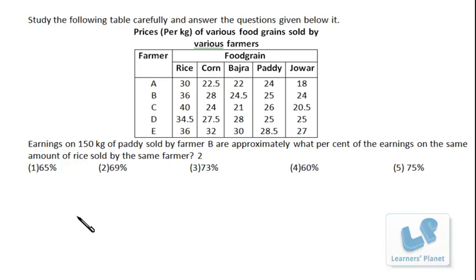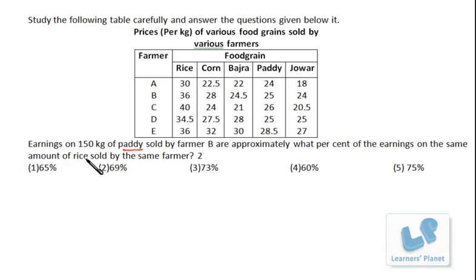Now let's see once again a very simple question. Earnings on 150 kilogram of paddy sold by farmer B are approximately what percent of earning on the same amount of rice sold by same farmer. Further, the quantity is same, so you just have to compare the pricing. Now which data will come in numerator.